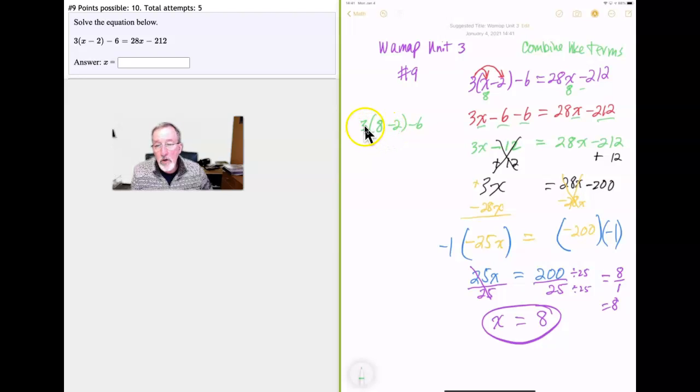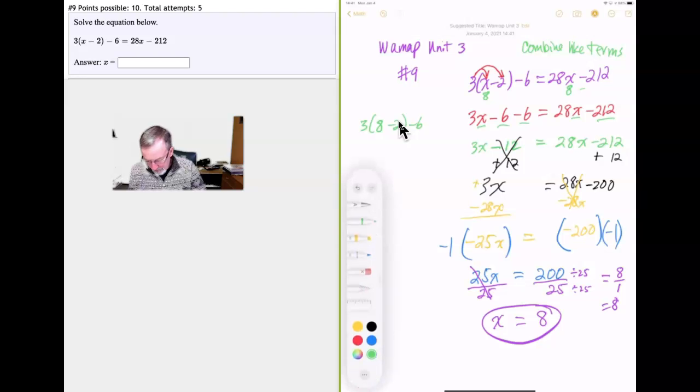If you wanted to, you could actually distribute this. You could make this 24 minus 6, but it's just going to make you work with bigger numbers, and it's easier to do the subtraction, and you get 3 times 6 minus 6.